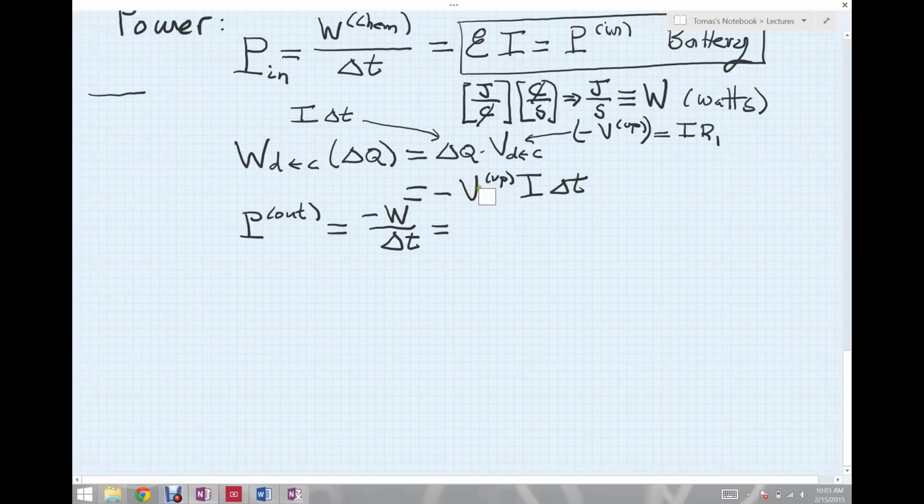And the work out is V I times delta T. So when I divide by delta T, I just have that it's the upstream voltage of whatever circuit element I'm looking at times the current I. And that's a general result then for any element. So the preceding result was special for a battery. This is any element.